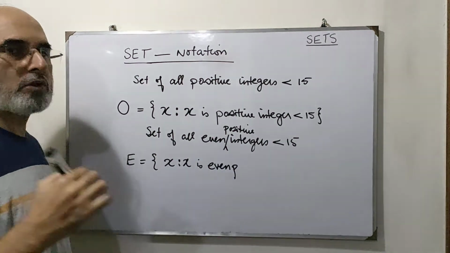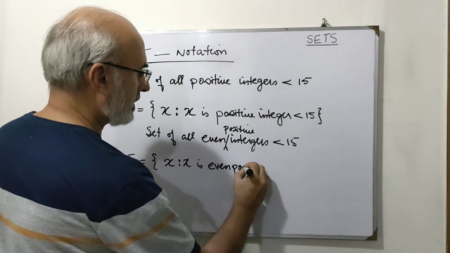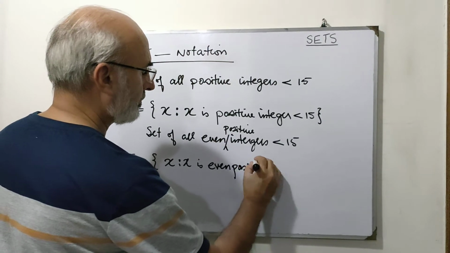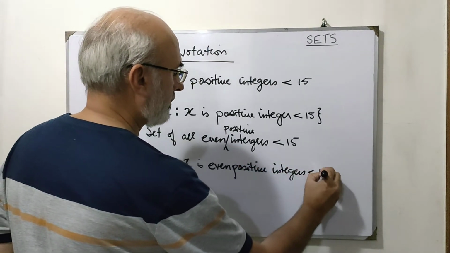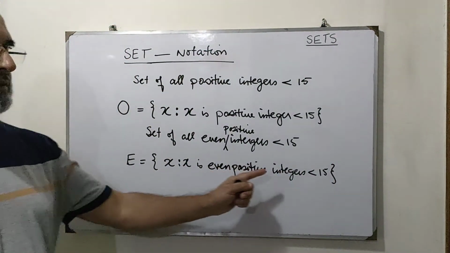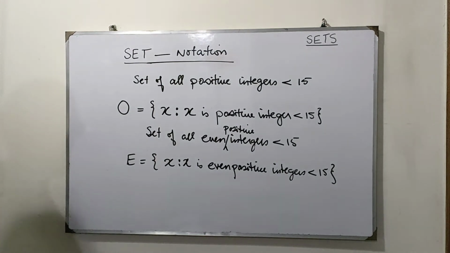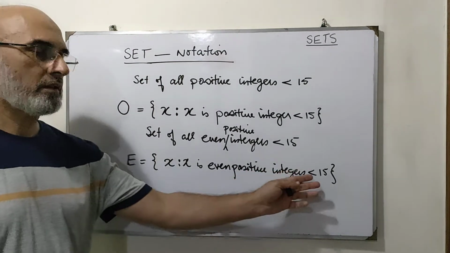Why am I doing this? Because integers are negative and positive both. So even, positive integers less than 15. Okay, now this is expressed in set notation, and now let's write the members, the elements within this set.